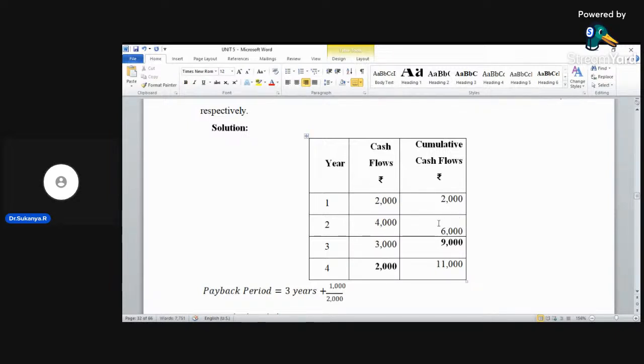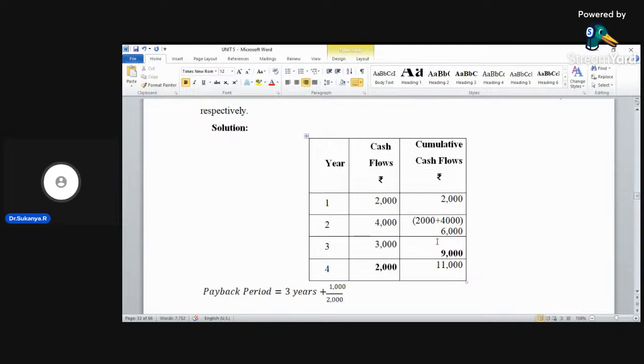See here, the first year cumulative cash inflow is 2,000. The next year it will be 2,000 plus again 4,000 of the second year. That is how you get 6,000. The next year, how will you calculate?